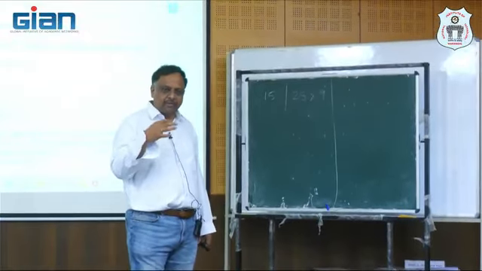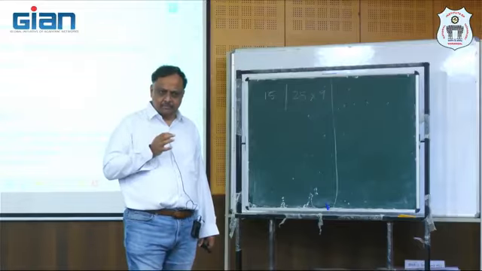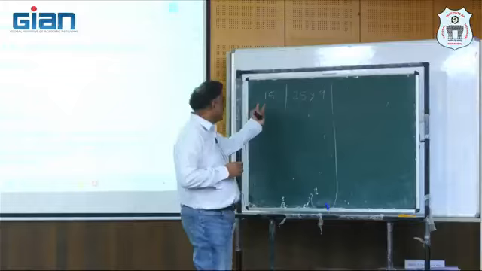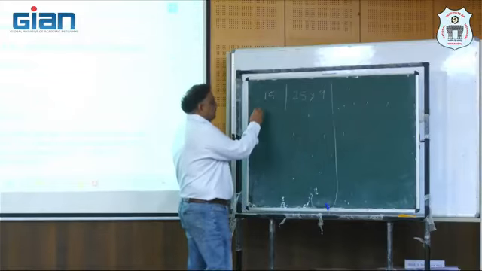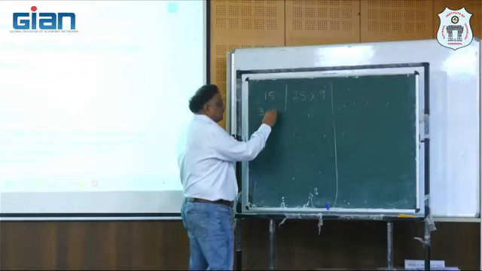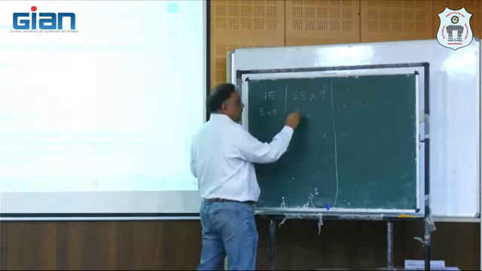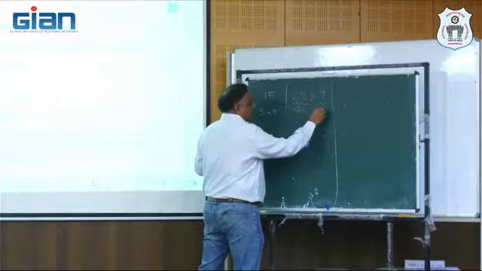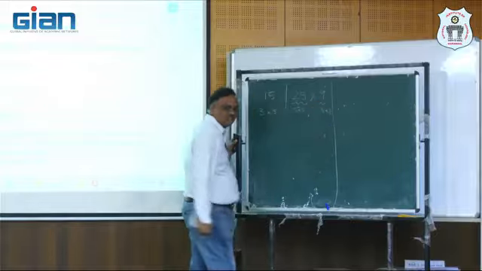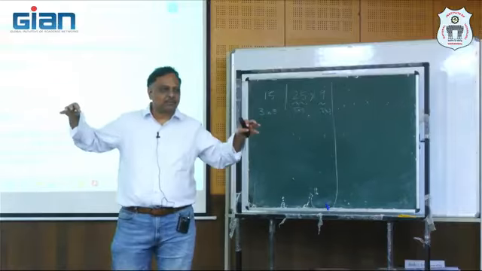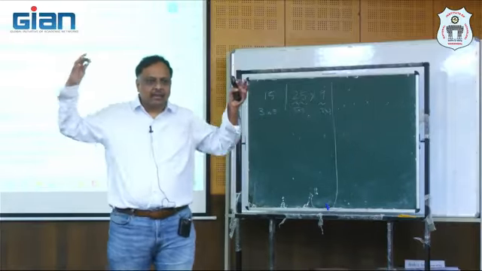Suppose 15 is not dividing 9. That means what? The factors of 15, 3 and 5, correct? They must distribute here. This is 5 into 5. They must distribute, right? Because overall it is dividing.